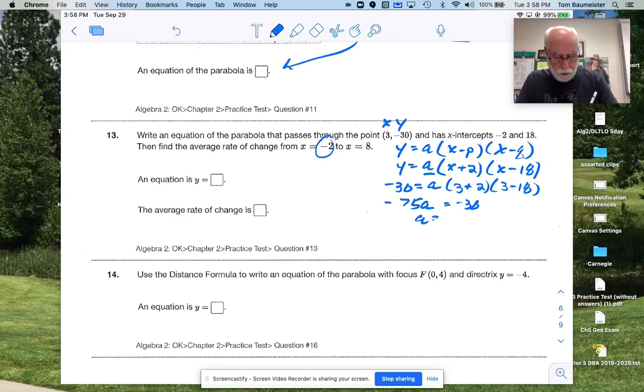So we'll take a is equal to negative 30 divided by negative 75, which will give us 0.4. All right, so our equation then will be y equals, well, this time they already put the y equals, so you don't have to put it in again. That would be redundant and it'd probably mark you wrong. So on this one right here, you would put y is equal to negative 0.4, excuse me, not 0.0. Okay, and you will say x plus 2 and x minus 18.